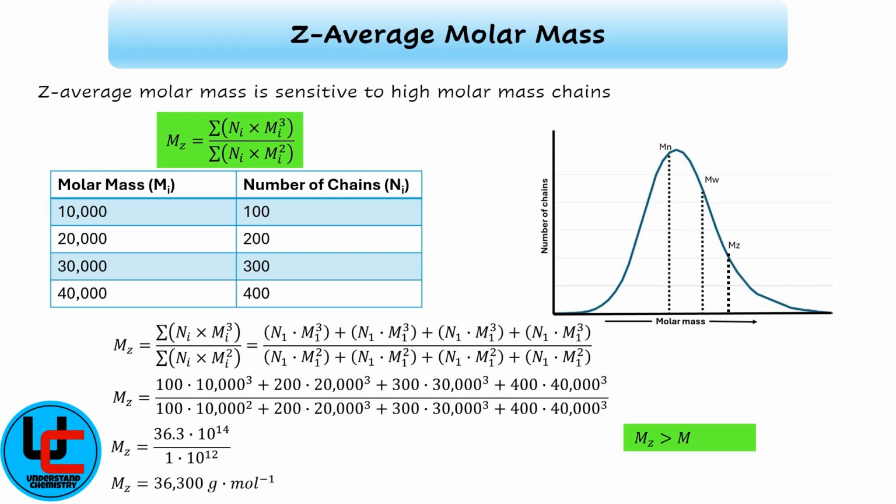We notice that Mz is greater than Mw, which is greater than Mn, with Mz being the most influenced by larger chains. Understanding Mz is crucial for characterizing polymers, especially in cases where high molecular weight chains significantly impact material properties like strength and viscosity.